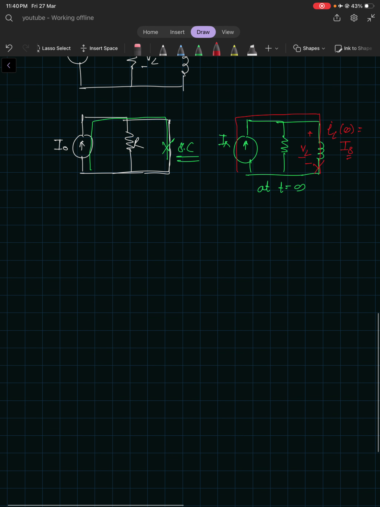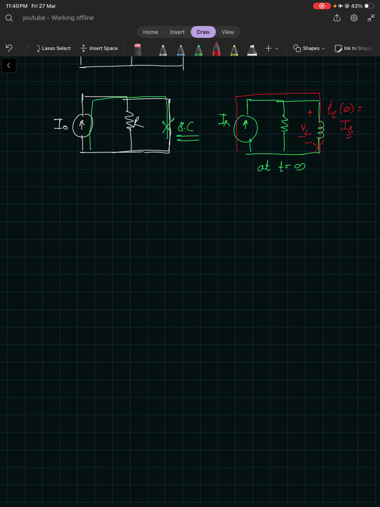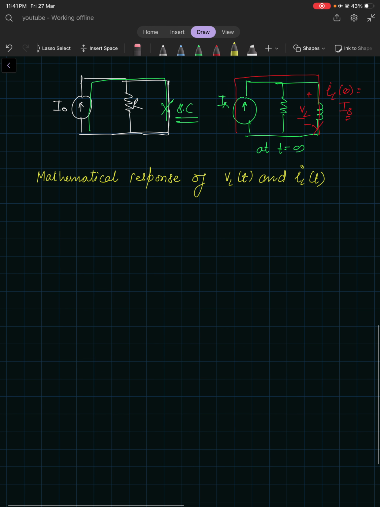Let's solve this differential equation and see what the actual mathematical behavior of the response of IL and VL of T is, right?